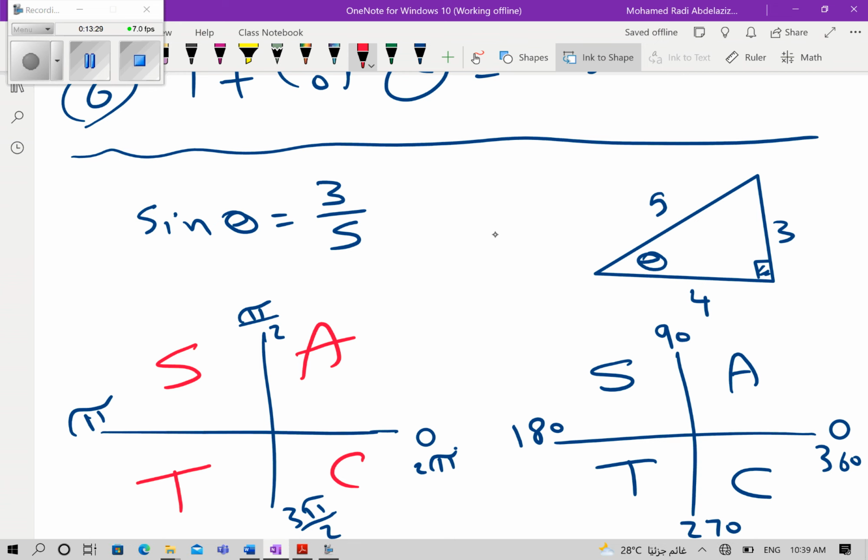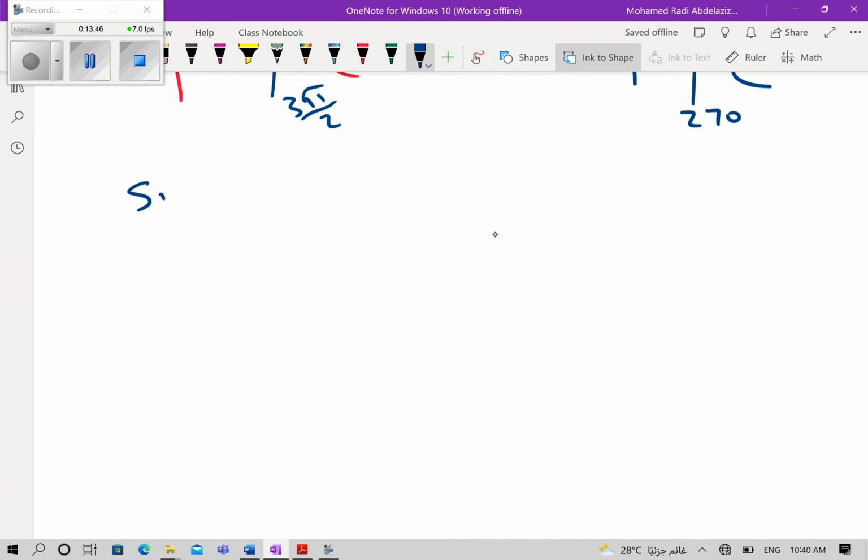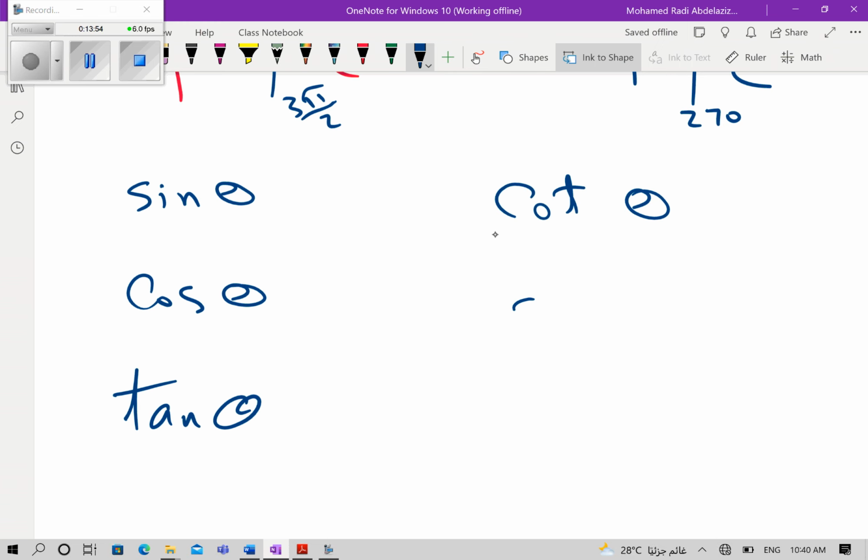This is according to the sign. So if it is written theta between pi over 2 and pi, theta lies in which quadrant? Second, right?